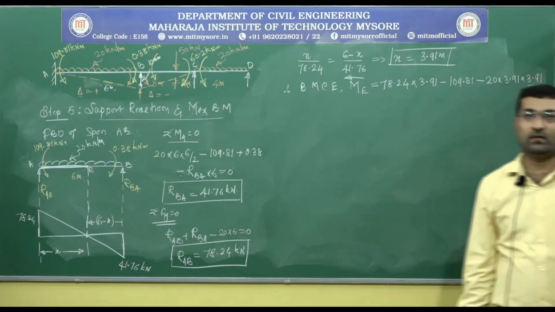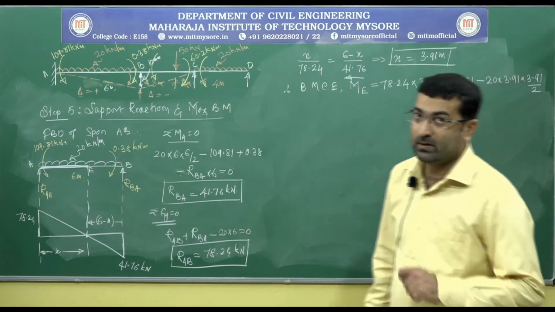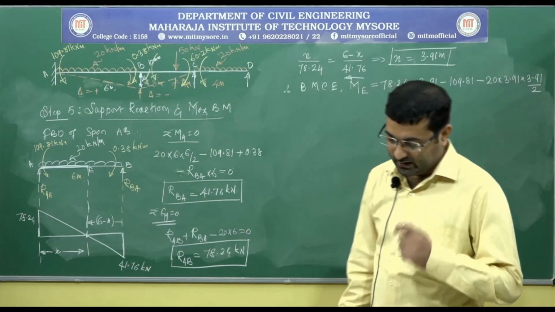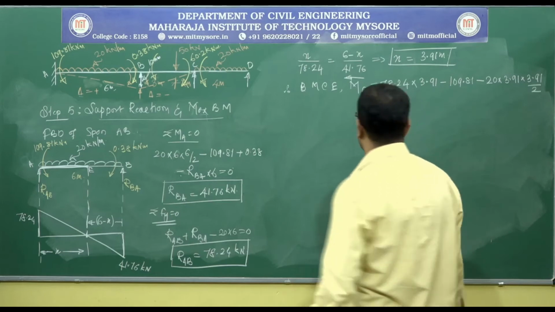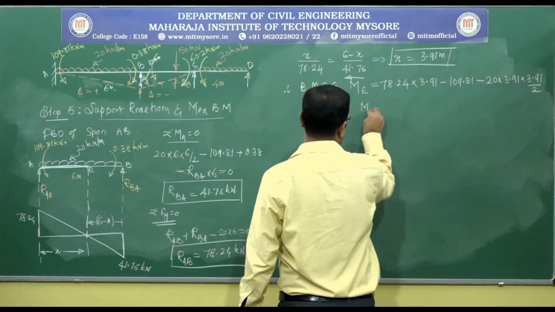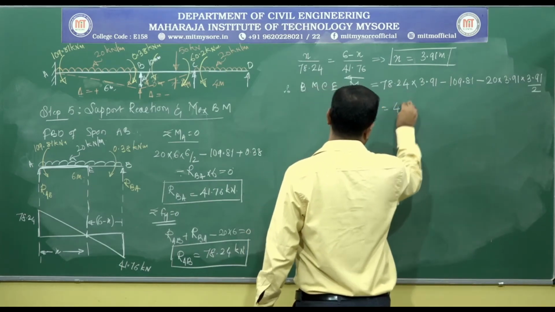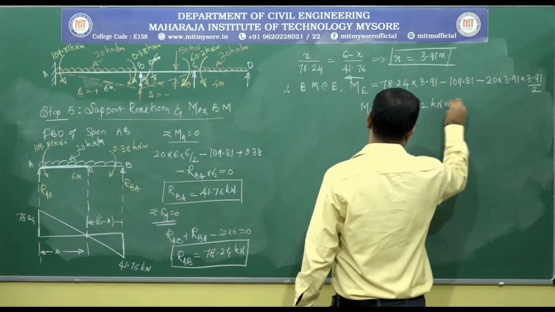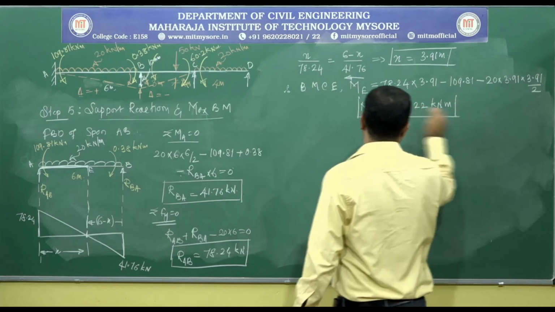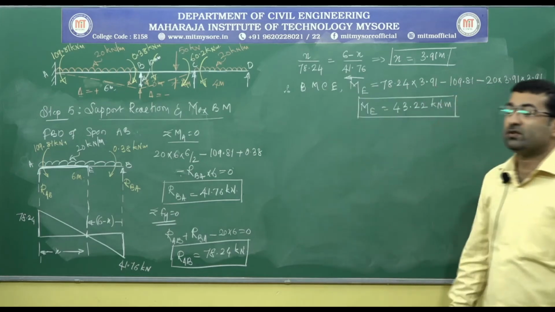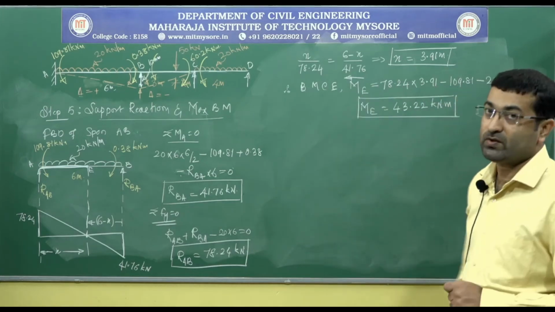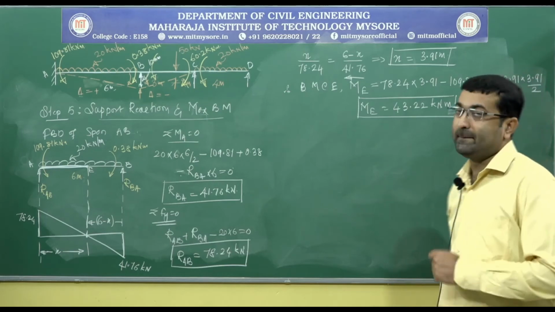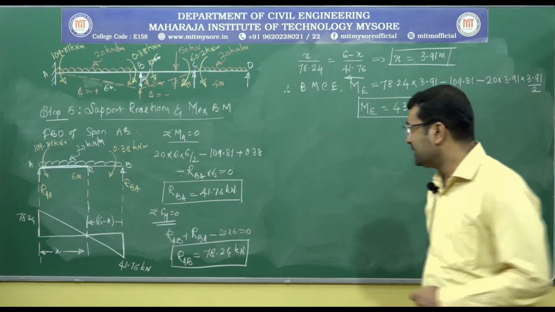If you work out this equation, you will get the maximum bending moment at point E, ME, as 43.22 kilonewton meter. This is the maximum positive bending moment at point E, right?